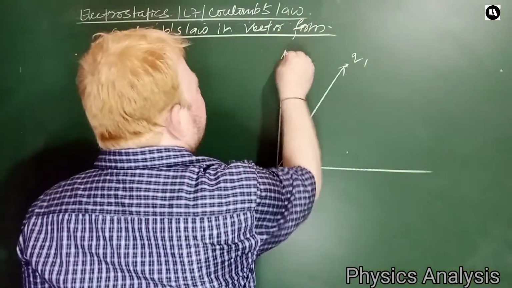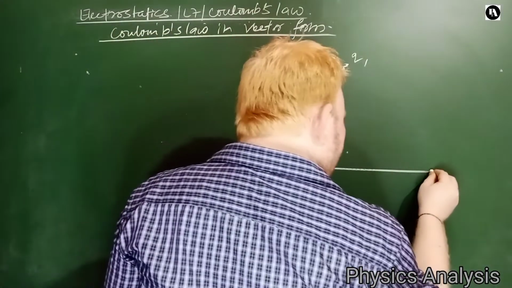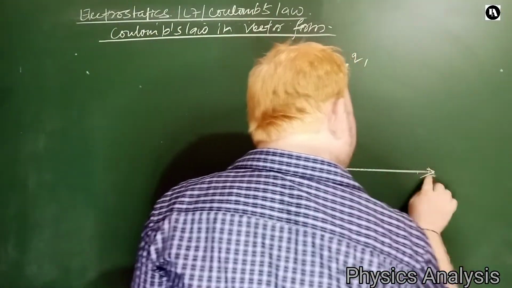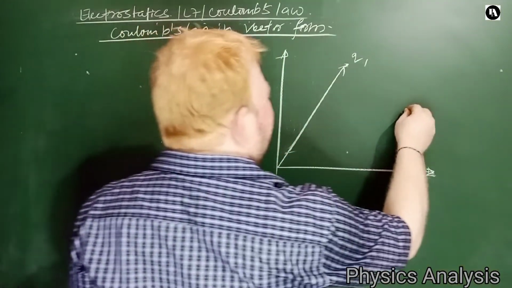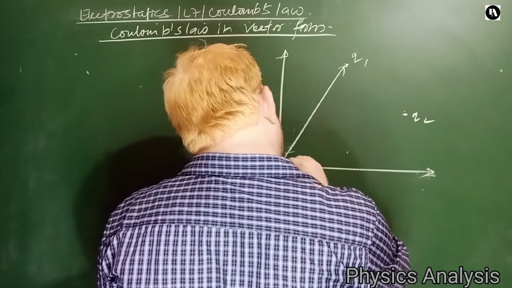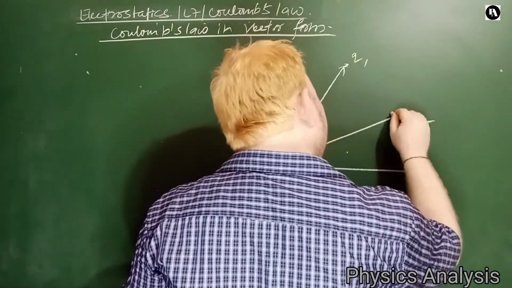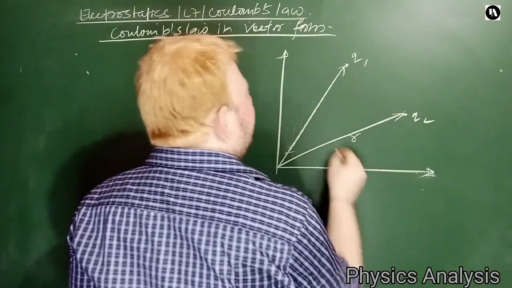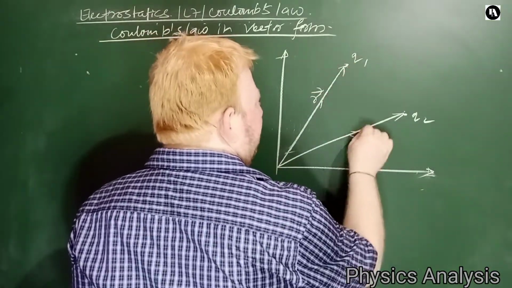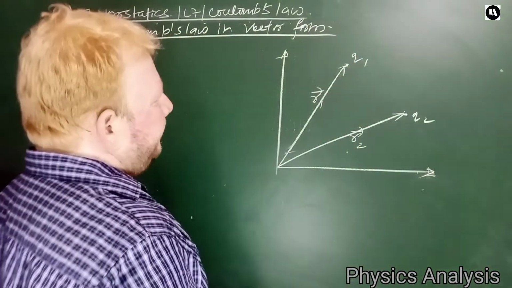If we do consider two point charges Q1 and Q2, this is how two point charges are placed in vacuum, giving position vector R1 for Q1 and R2 for Q2, right?